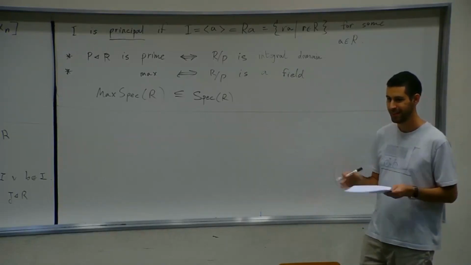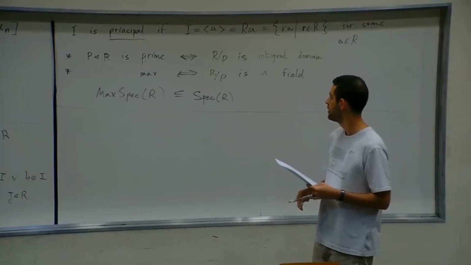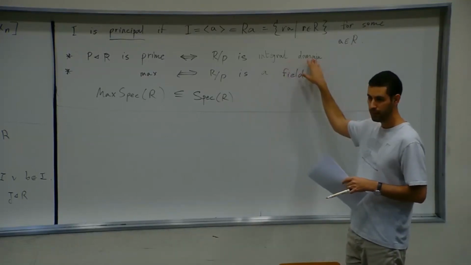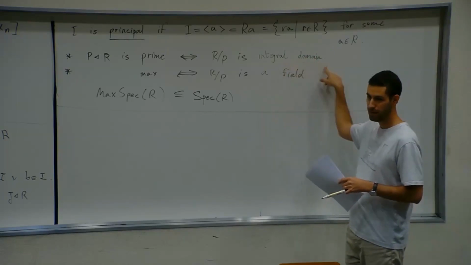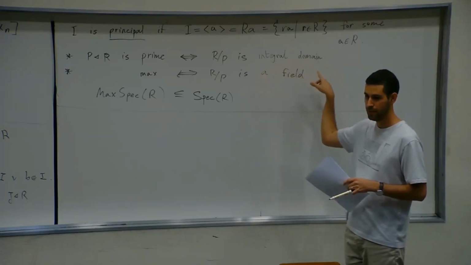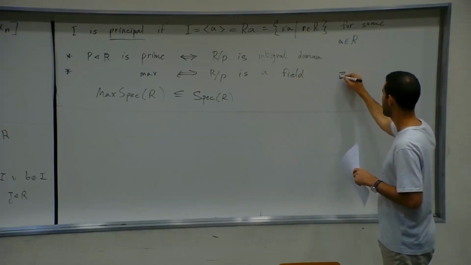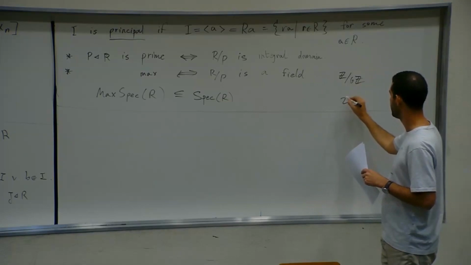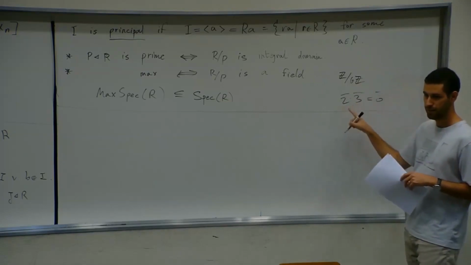Can you say again what an integral domain is? Yeah, a commutative ring without zero divisors. That means if a times b is zero, then either a is zero or b is zero. A non-example is Z mod 6Z, since 2 times 3 is zero, but neither of them is zero.